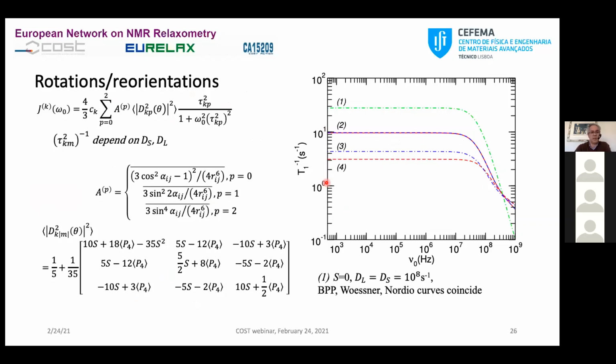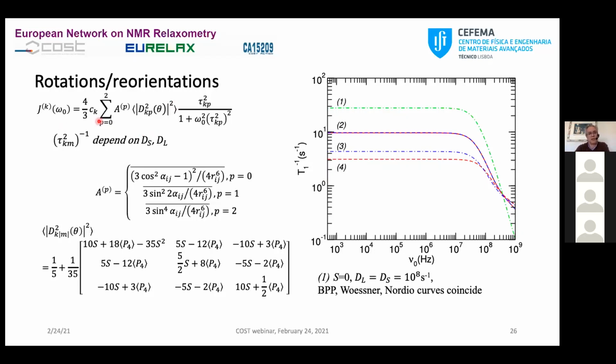The rotations can be more or less elaborated. Here we just have to consider the possibility that the molecules, like the ones we have for liquid crystals, are not spheres and they are elongated objects. Therefore, this long molecular axis and the fact that the molecule might not rotate isotropically, so they might have different correlation times for the rotations along their different axes.